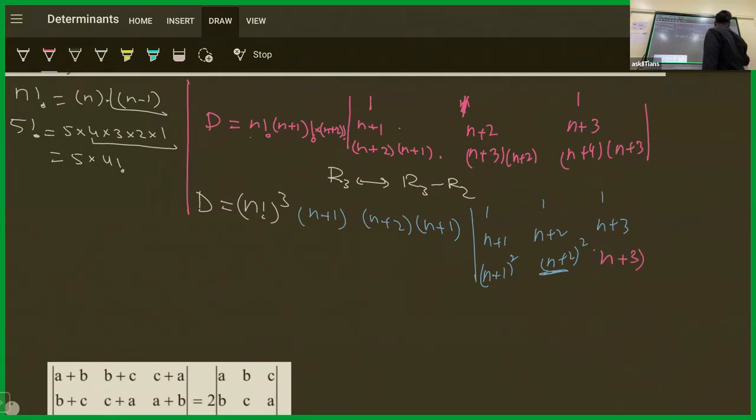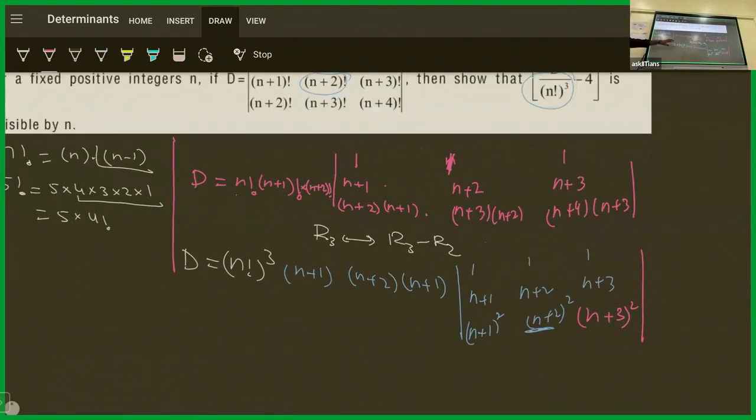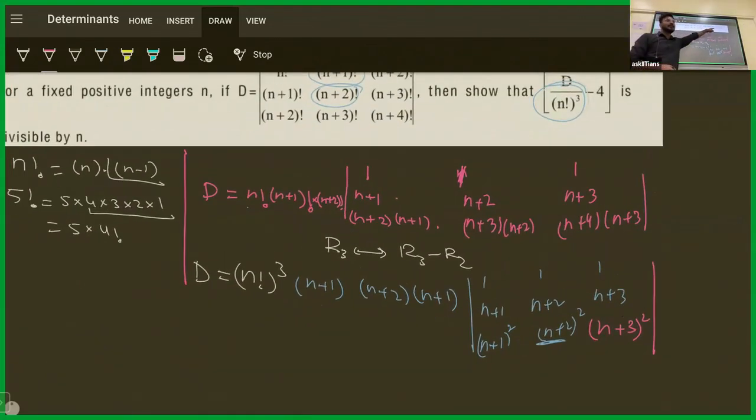N plus 3 whole square. Okay. Now how can we simplify it further? Actually what we need to find out is d divided by n factorial cube minus 4.